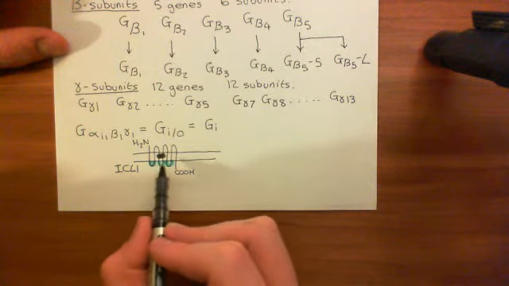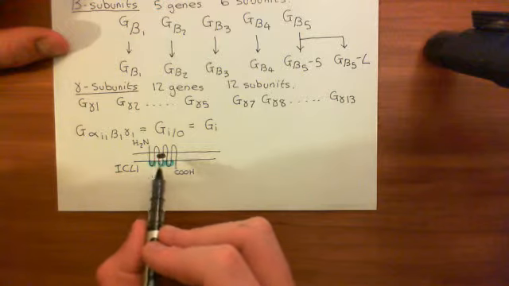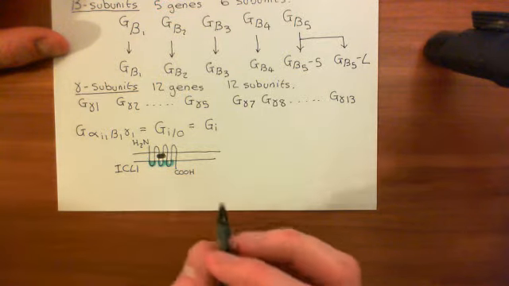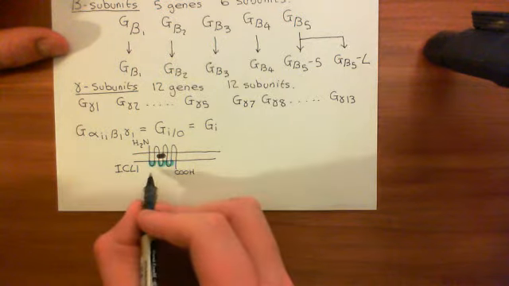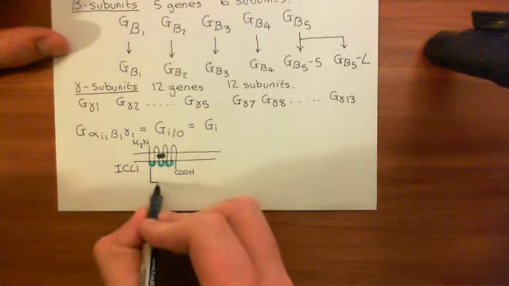Once they've undergone the conformational change, these intracellular loops will produce a binding site for the heterotrimeric G protein. So which portion of the heterotrimeric G protein binds there? Specifically the alpha portion.